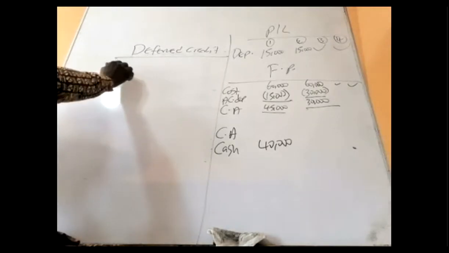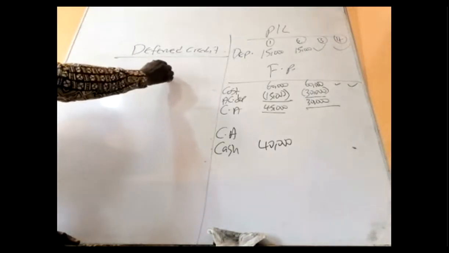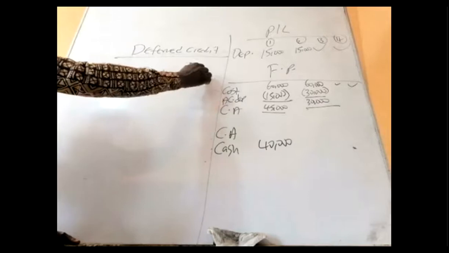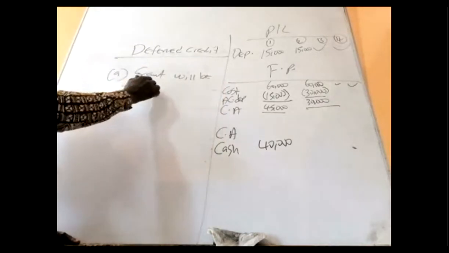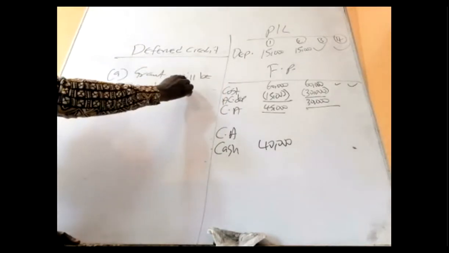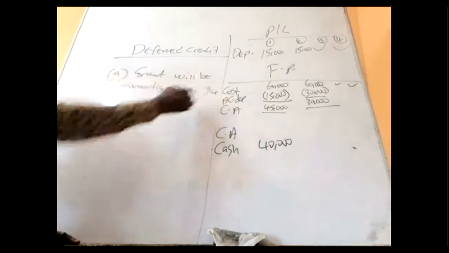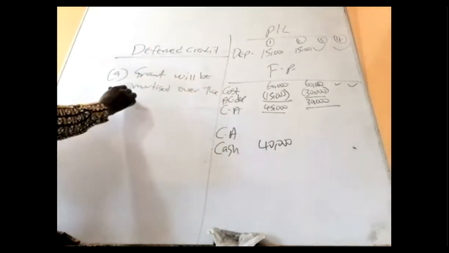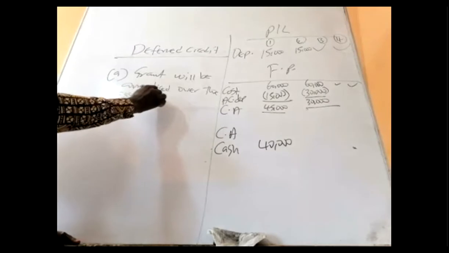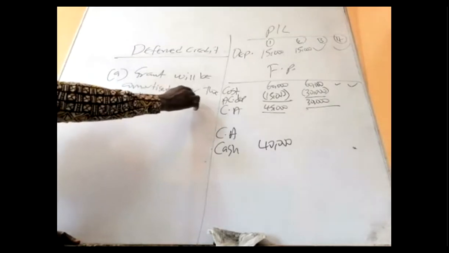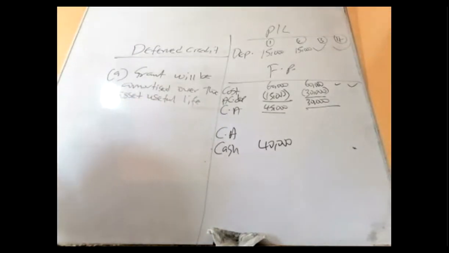Point number one: the grants will be amortized over the asset useful life. Have you seen? So the entire grant will be depreciated over the asset useful life.